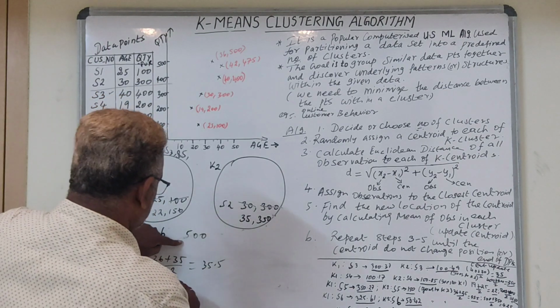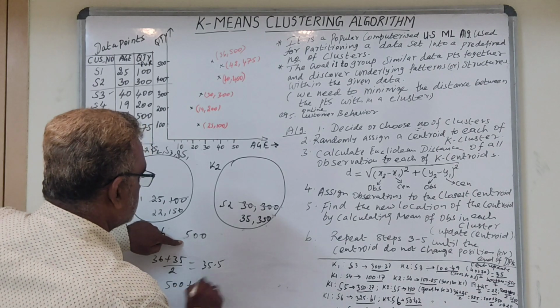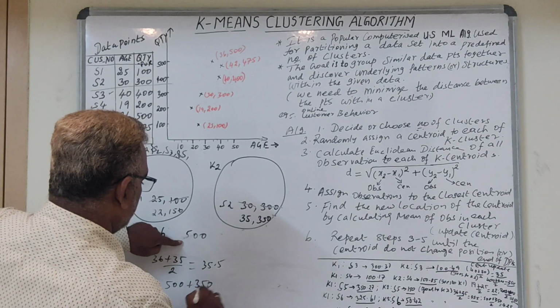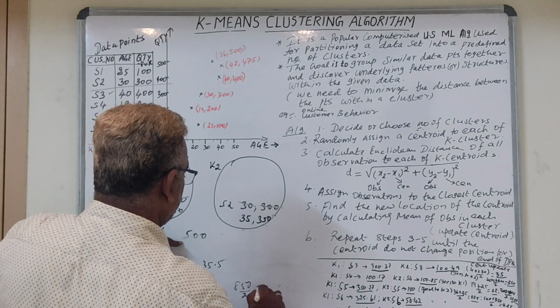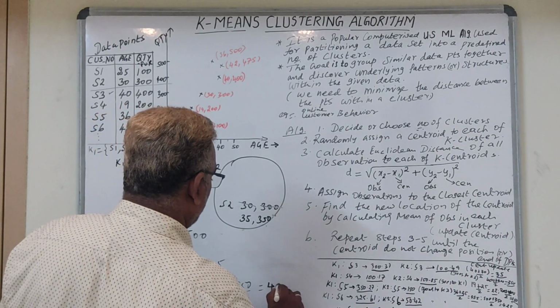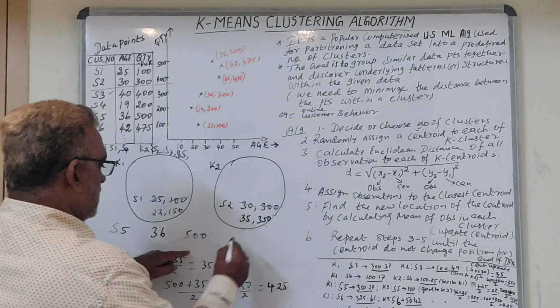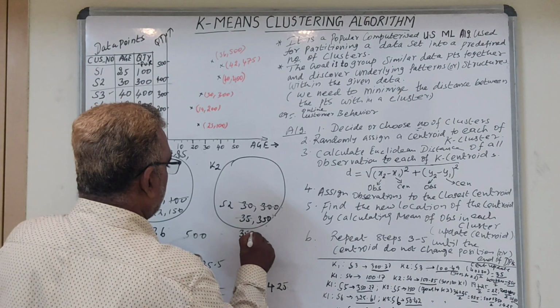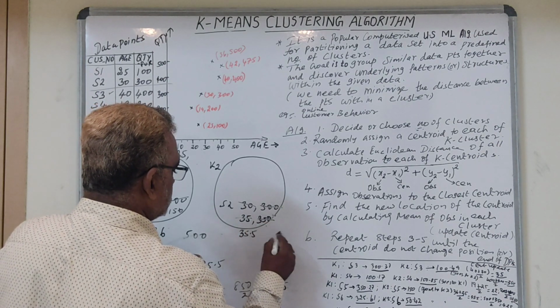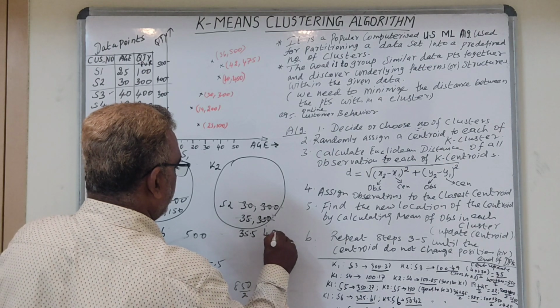Similarly, 500 plus 350 divided by 2. So 850 divided by 2 is nothing but 425. So now the updated value is 35.5 and 425.